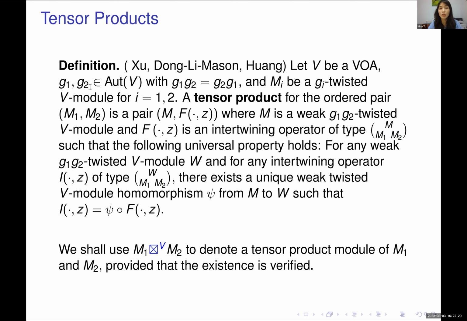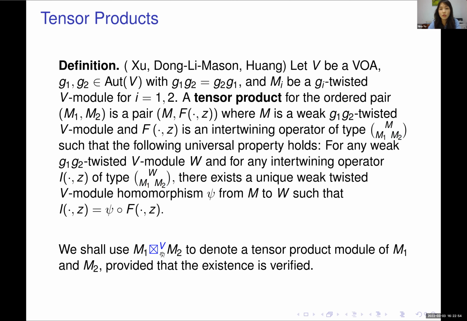So g1 and g2 are commuting automorphisms. And so the tensor product of the two twisting modules is defined as a g1g2-twisting module such that the intertwining operators satisfy certain universal properties here. And this is the tensor product in the sense of VOA.